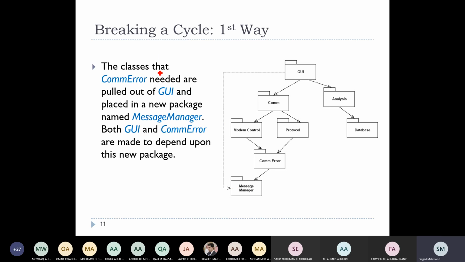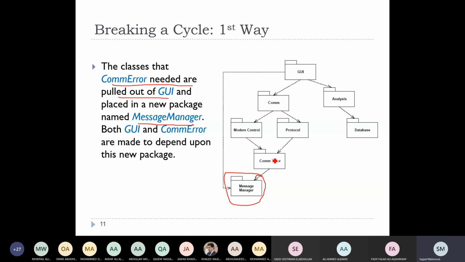So the classes that the common error needs from the GUI, you pull them out and create a new package called message manager. And then both the GUI and the common error will start depending on this newly created package.